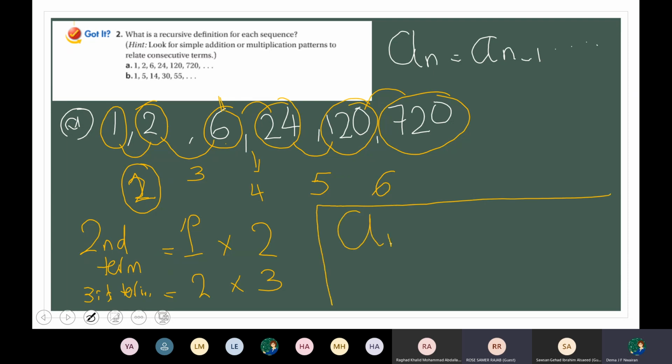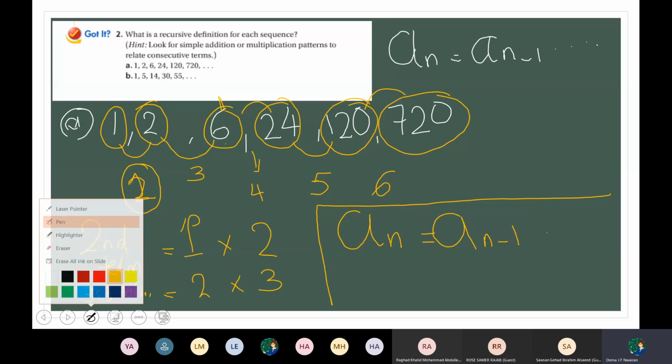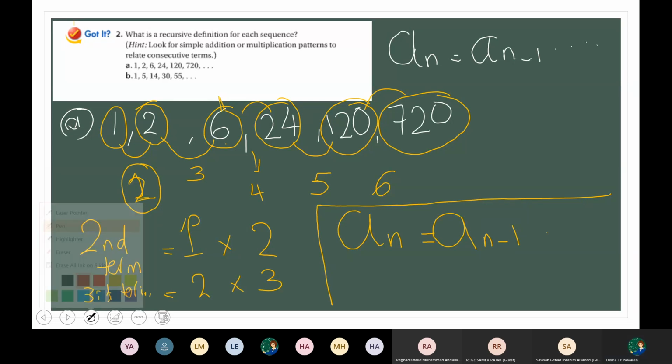So, a of n. I will multiply the previous term. Multiply by what? Look at me here. The second term, I multiply it by 2. For the third term, I multiply it by 3. I will multiply the previous term by what?